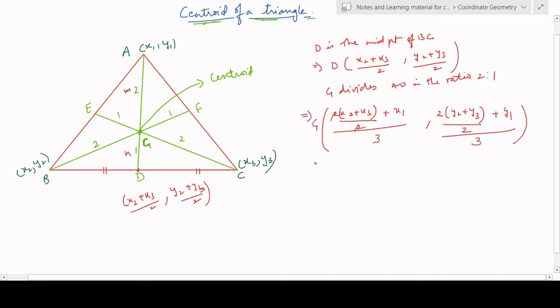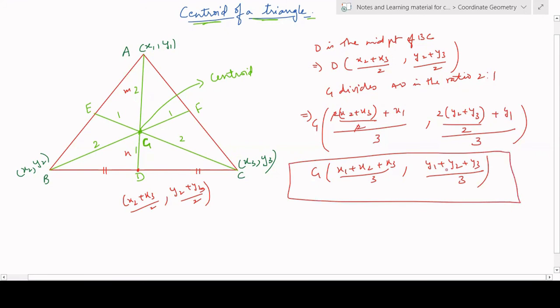So my coordinates for G become x1 plus x2 plus x3 over 3, that's the abscissa for the centroid, and y1 plus y2 plus y3 divided by 3 becomes the ordinate for G, which is the centroid of the triangle. So this is how to evaluate the centroid of the triangle when the 3 vertices are known to us. That's the formula for the centroid of a triangle.